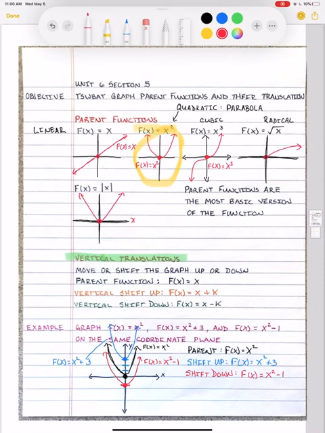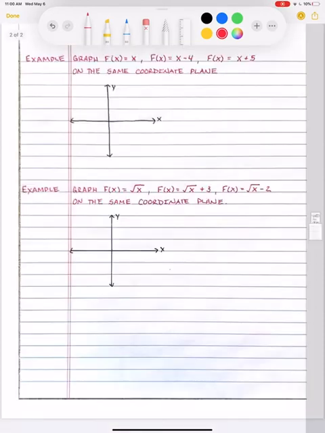We're going to look at 2 more examples. In this example, it says graph f of x equals x, f of x equals x minus 4, f of x equals x plus 5. Okay, so first off, f of x equals x is the parent function.